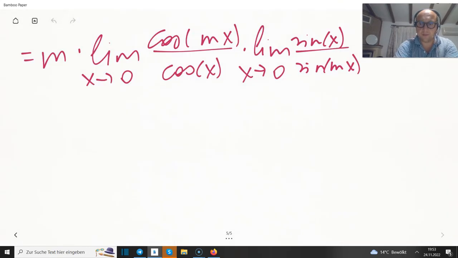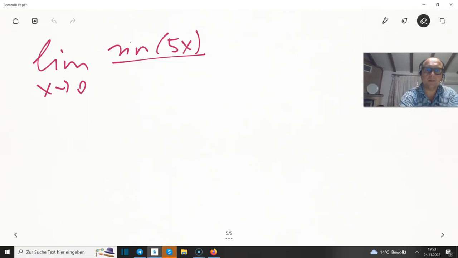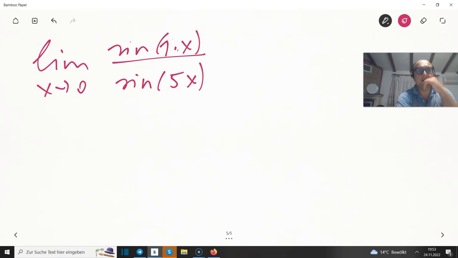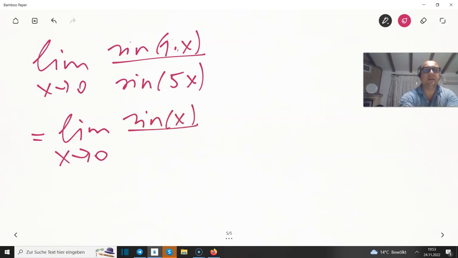We have a bigger, okay, so let's take only sine of x here, 1x divided over sine of 5x. So what will happen here? I can write it as a limit x towards 0 sine of x, and the limit of 5x and sine of 5x, it's kind of the same.